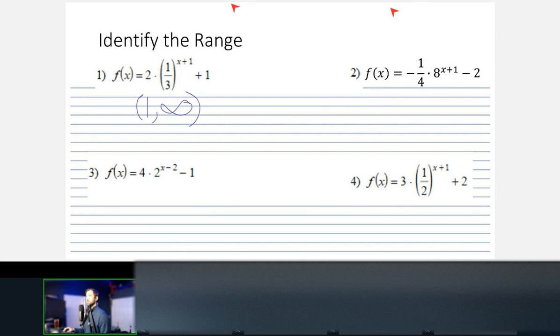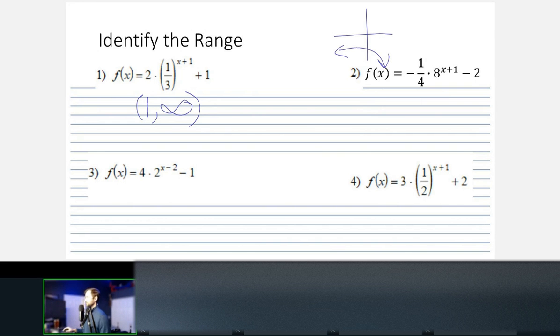On a quiz or a test, you're going to have the time, and I would recommend graphing these as well in Desmos to confirm what you think the answer is. This one flips, and also we shift down 2 units. So it looks something like this in Desmos.